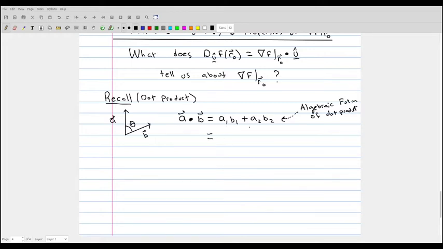But you hopefully saw in a previous calculus course that it can also be written in what's called its geometric form. So using a little bit of geometry, specifically the law of cosines, the dot product can also be written as the magnitude or length of the vector A times the magnitude of the vector B times cosine of the angle between the two vectors.